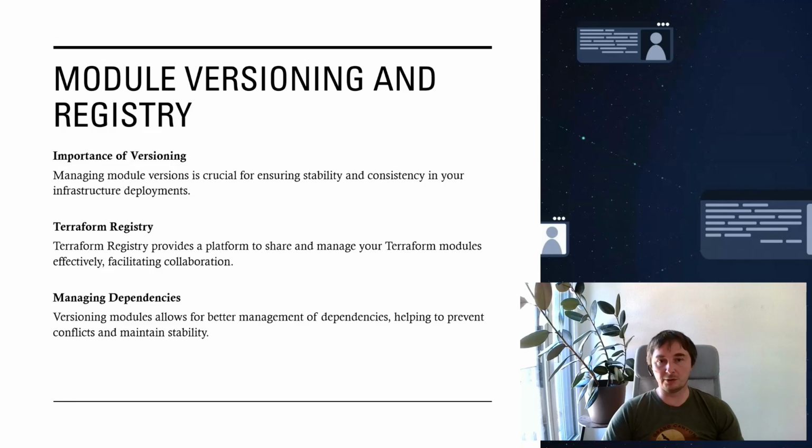You can use the HashiCorp Cloud version of it, where you would push the modules, or alternatively, you can just maintain them as a Git repository and, for example, use tagging for the versions.